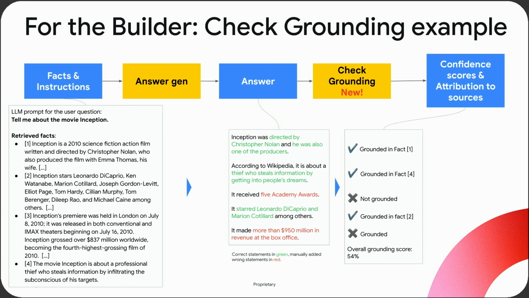So here I can see it correctly identified that Inception won 1.5 Oscars and made more than 950 million in revenue at the box office, and identifies very specifically that those are incorrect claims. And you can also see that the overall grounding score is 54, so it actually found a considerable amount of unsupported claims in this response.